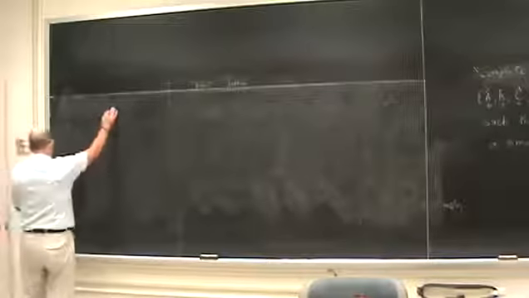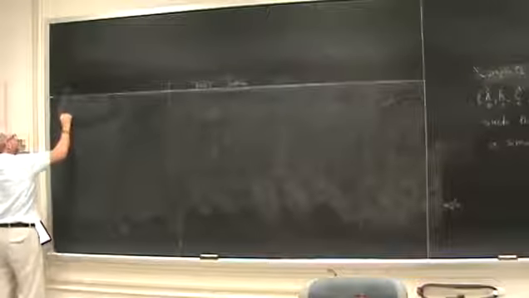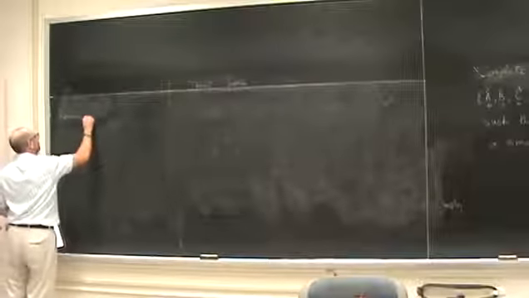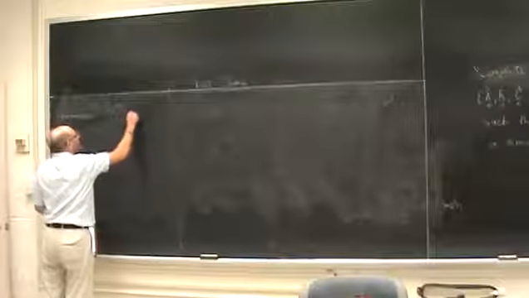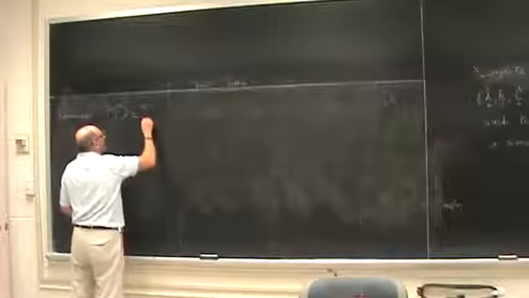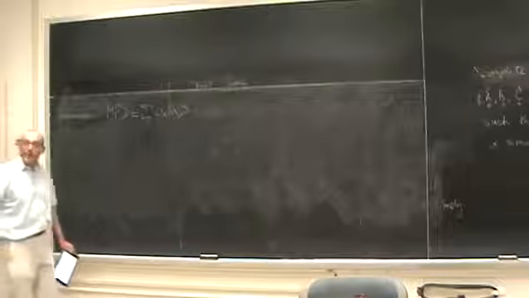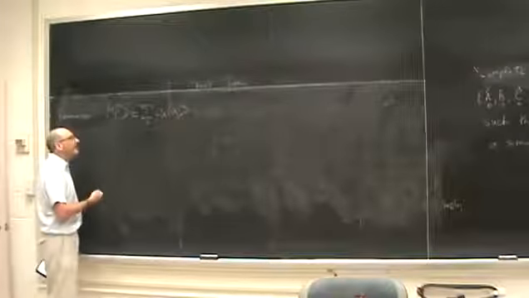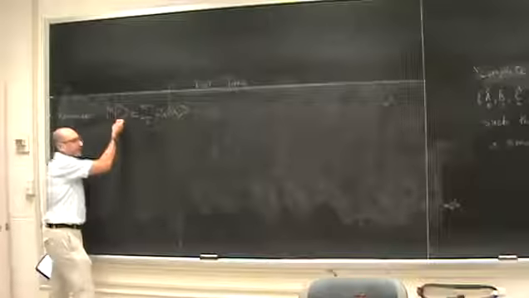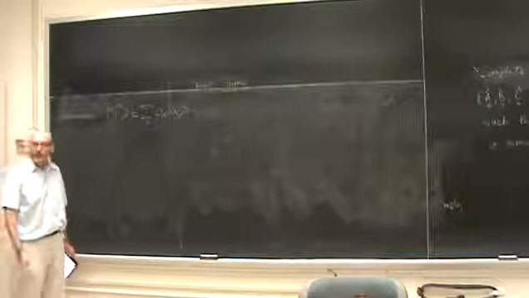So remember, psi itself is expandable in the basis of the eigenvectors of the Hermitian observable, because the observable is a Hermitian operator, and we know that all Hermitian operators, their eigenvectors form a basis, it means that I can always expand any vector in that basis, okay?